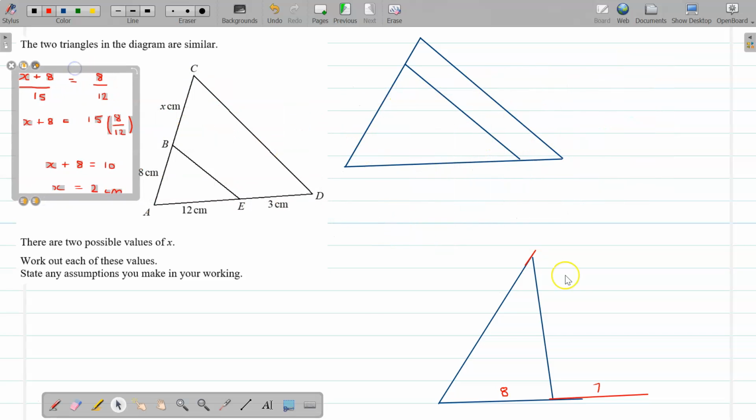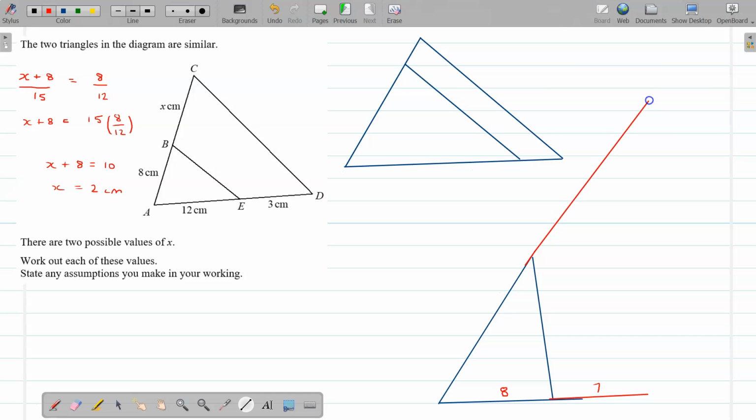Right, so let's extend this line right up here now, because the two triangles are still similar, so this line here has to be parallel with this line here.